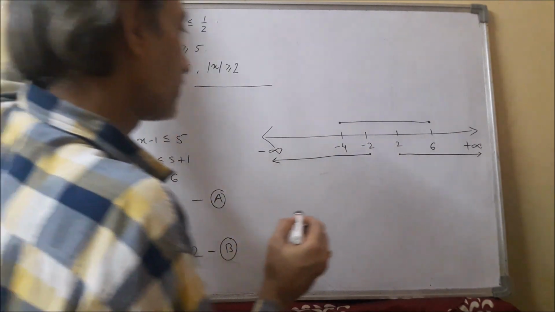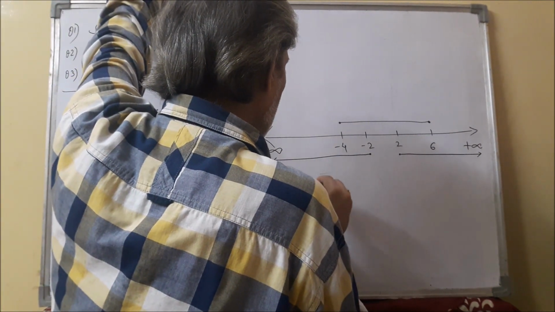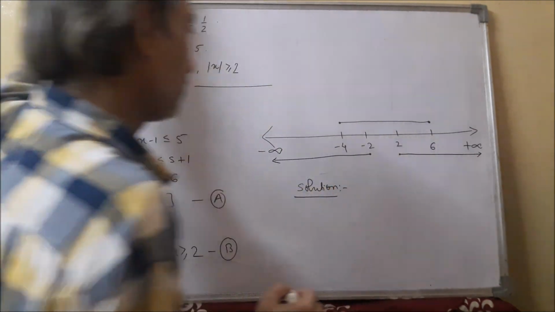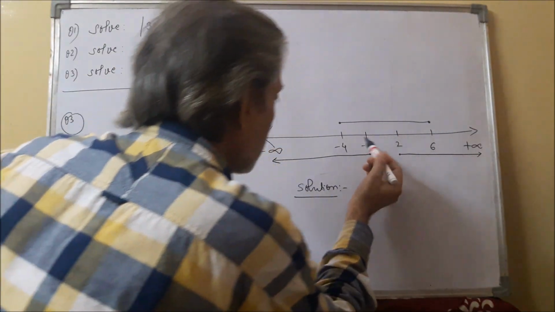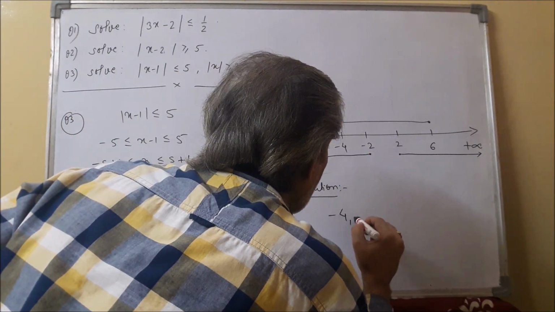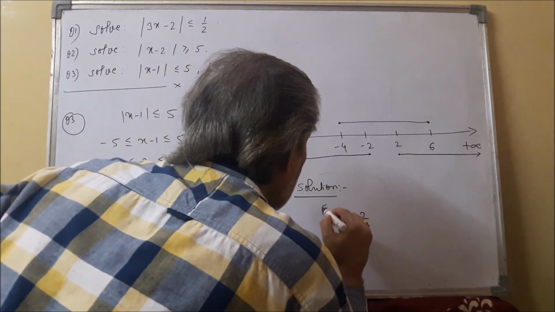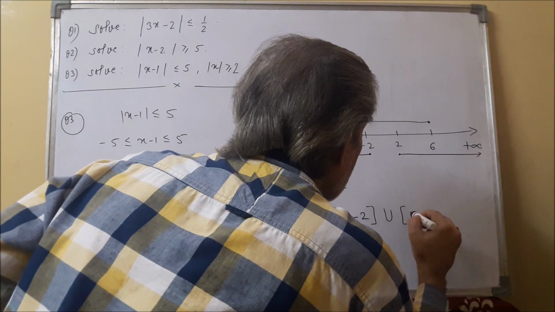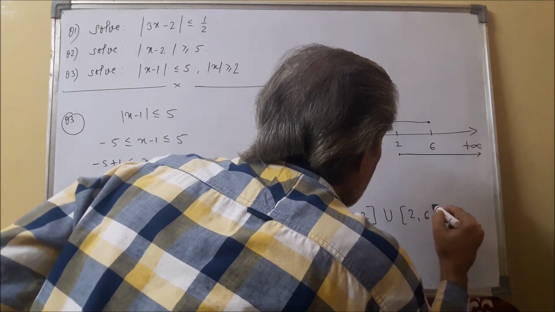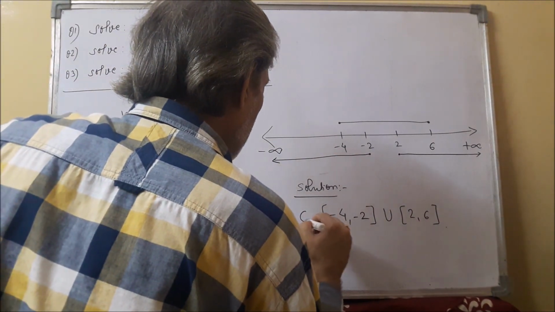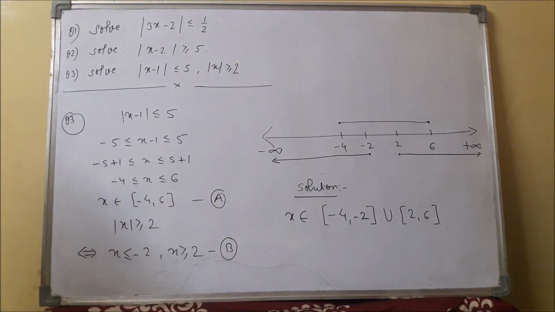What is the common? So the solution will be, look, this part is common, from minus 4 to minus 2 closed interval, union 2 to 6 closed interval. So our x will belong to this, and this will be the final answer.